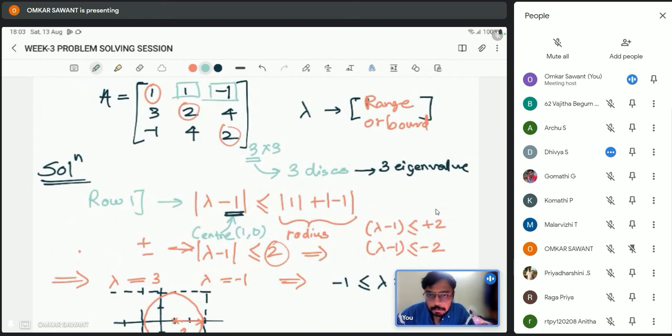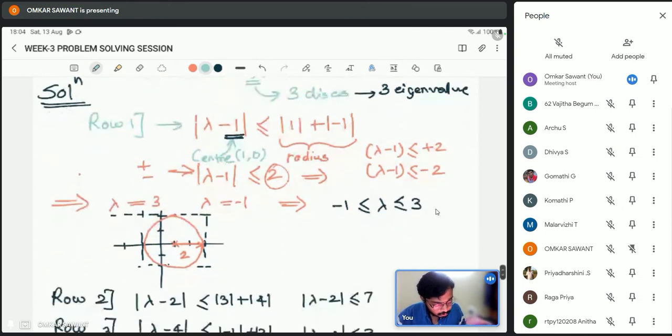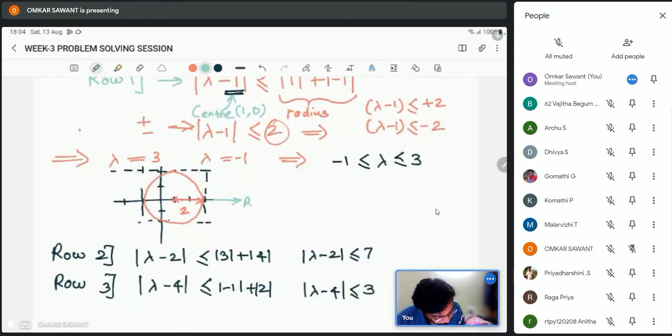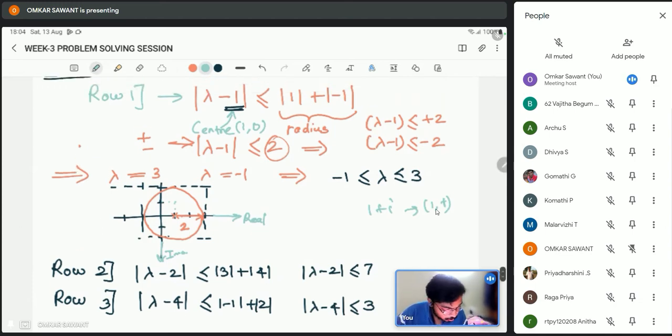These values can be complex also, but when we are plotting, this is your real axis and this is your imaginary axis. If you have a value like 1 plus i, you will plot it at 1 comma 1, around here. Now here all values are real, so values will be plotted on the real axis.